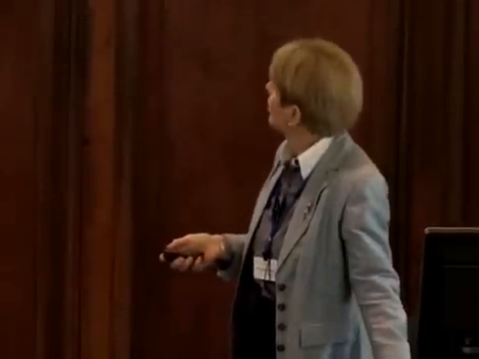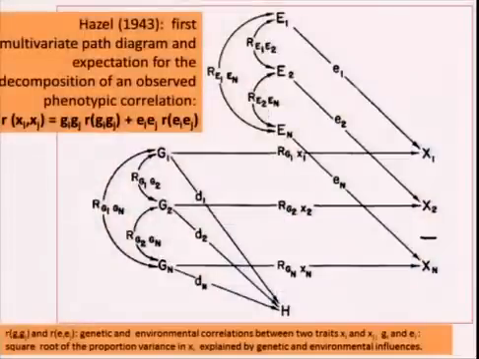So here's the very first path diagram spelling out that a correlation between traits called X can arise because they are influenced by environments that are correlated, or by genes or sets of genes that are correlated.